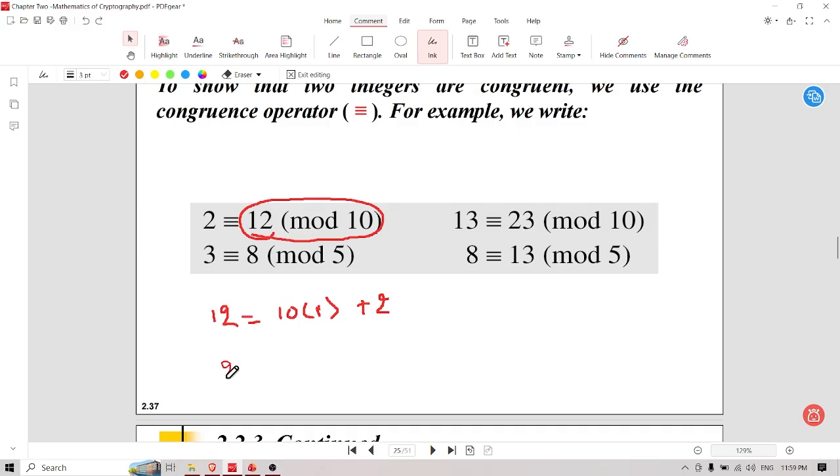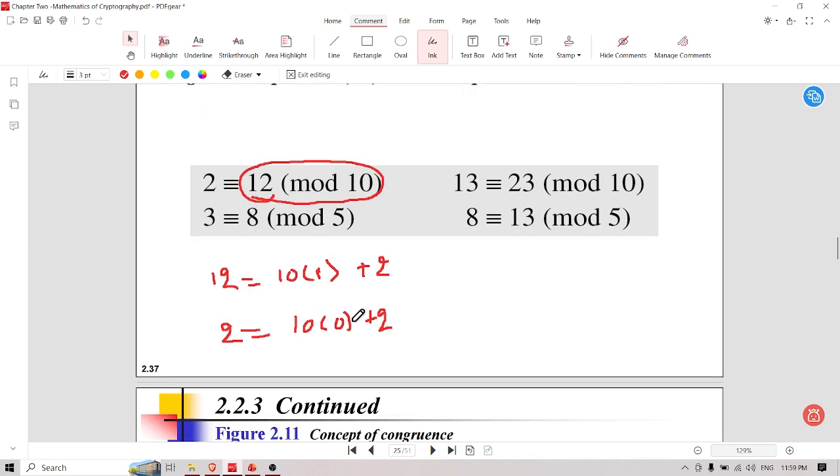For the 2, it would be 10 multiplied by 0 plus 2. We use the minus for the negative ones. Now this would be 0 plus 2, which is 2.